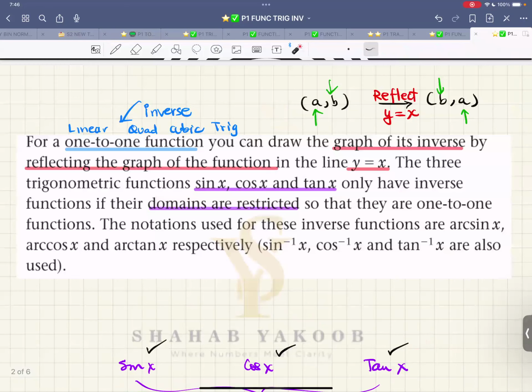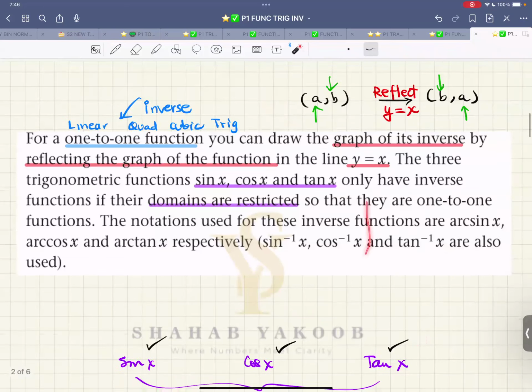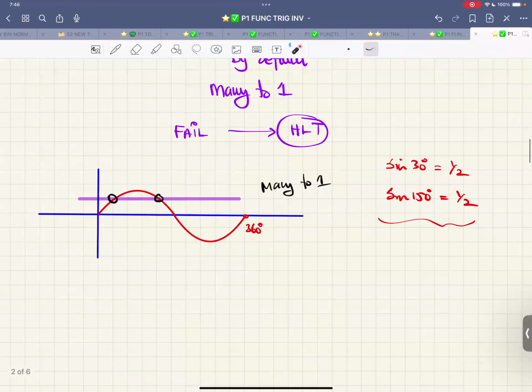So if we restrict the domain, from turning point to turning point, for example, it's a one-to-one function. Maybe from 0 to 90 degrees, it's one-to-one. Maybe from 270 degrees to 360 degrees, this is one-to-one.